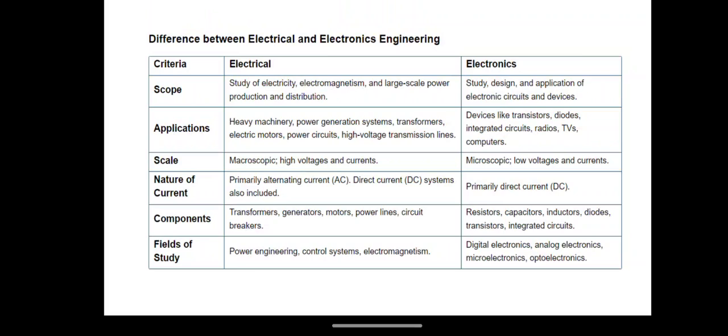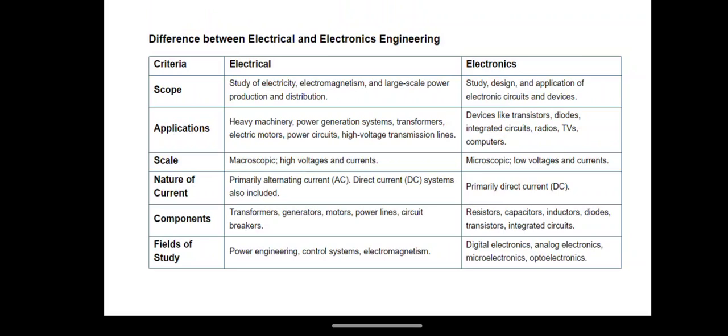Say, for instance, the scope of electrical engineering: it studies electricity, electromagnetism, large-scale power production and distribution. Whereas in electronics, it is the study, design, and application of electronic circuits and devices.